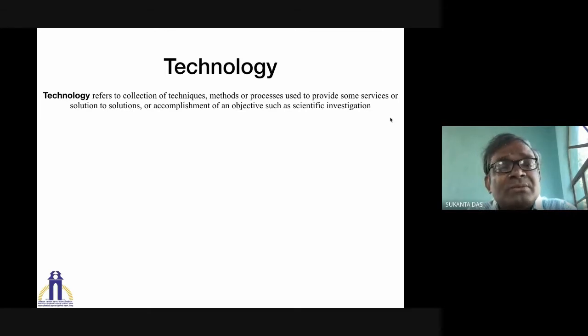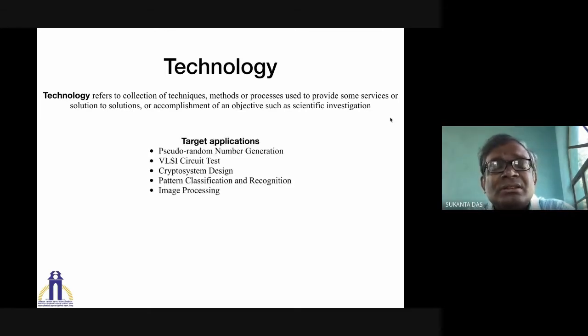For problems, we have given some examples. Cellular automata can be used to generate pseudo-random numbers. They can be exploited to design VLSI test circuitry. They can be used for crypto system design, for pattern classification and recognition, image processing.